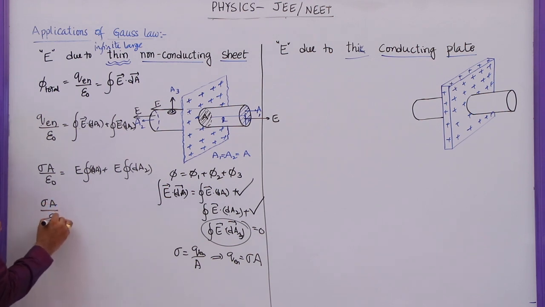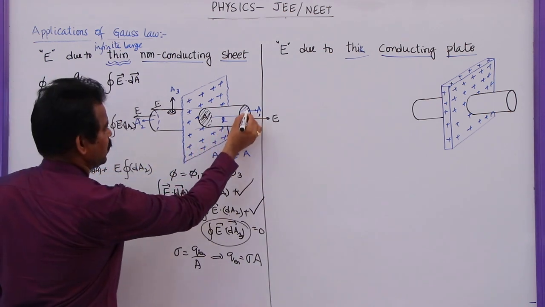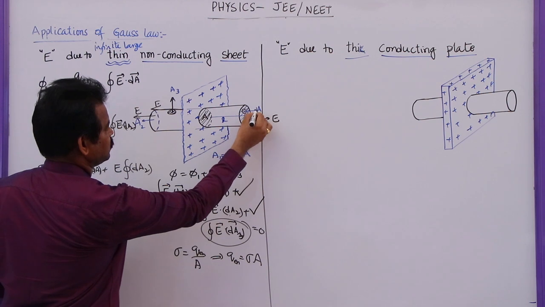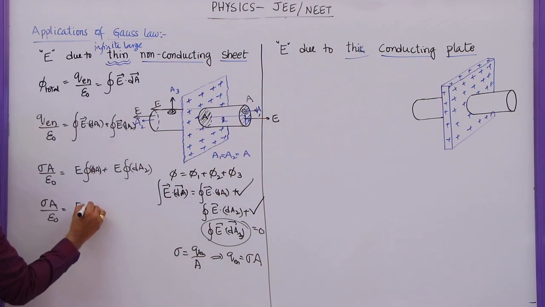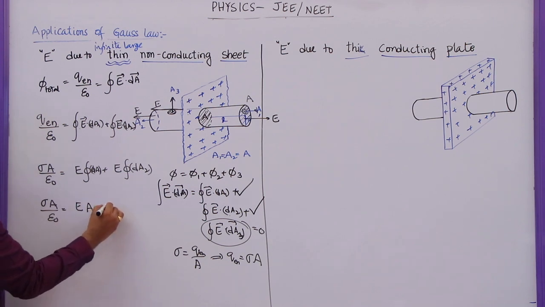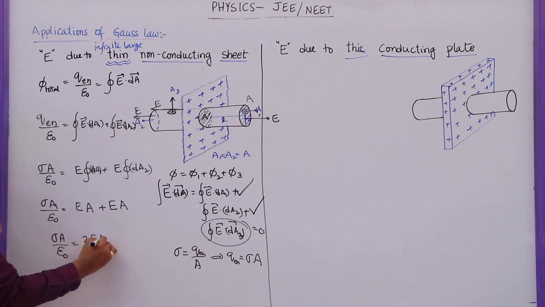What is the closed integral of dA1? If you take this small area here, let us say this is dA1, the total area is already given as A. So this I will write as EA cos 0 plus EA cos 0. So sigma A by epsilon naught is equal to 2EA.